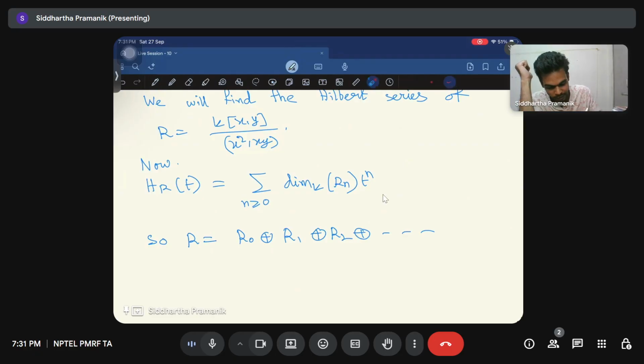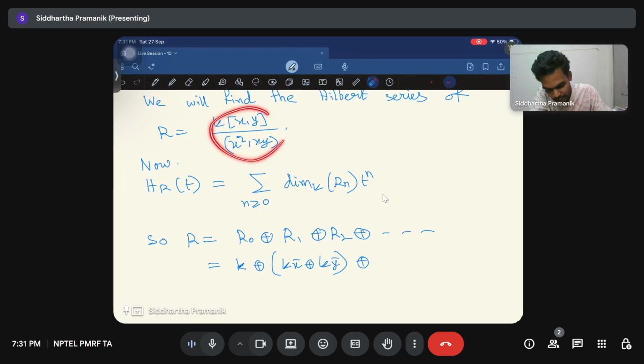And we need to find these homogeneous components. The 0 degree component is clearly k. And the 1 degree component is just k x bar direct sum k y bar.